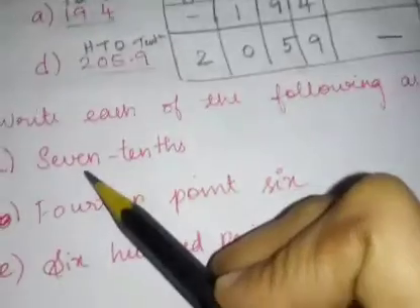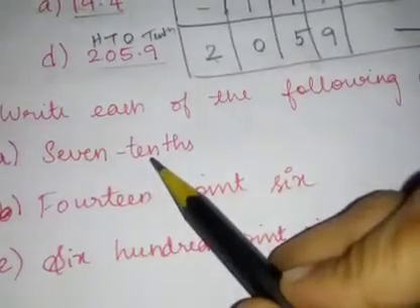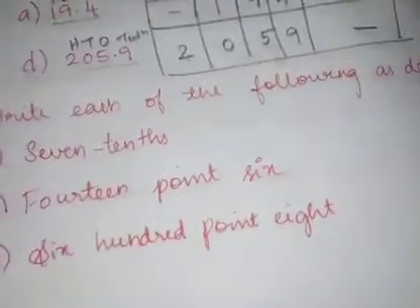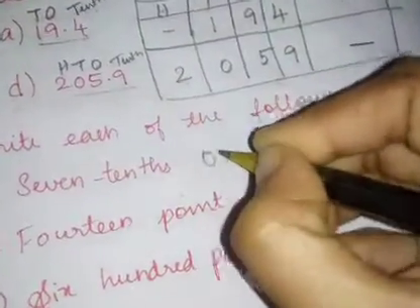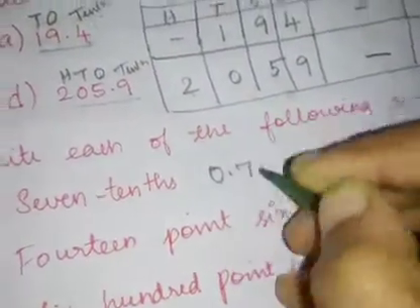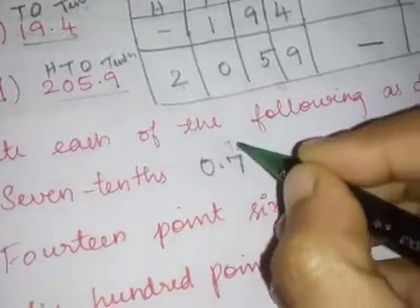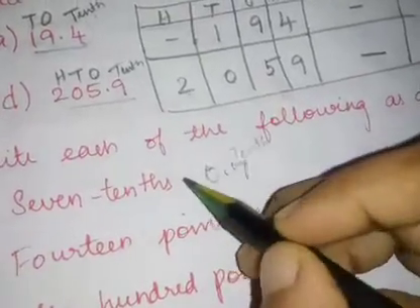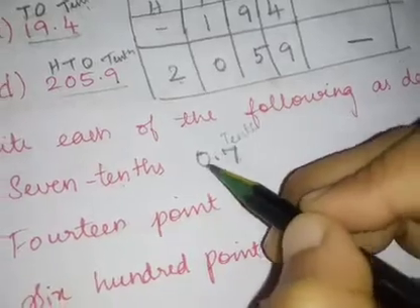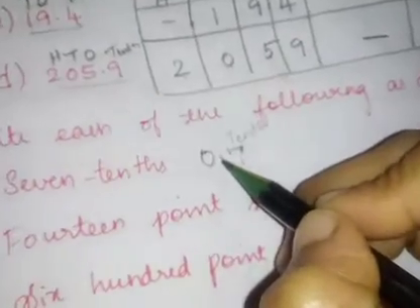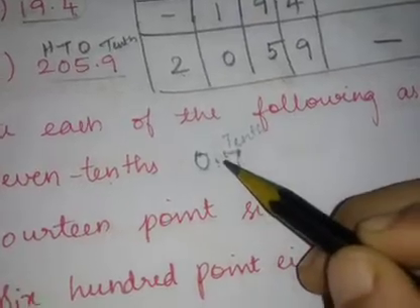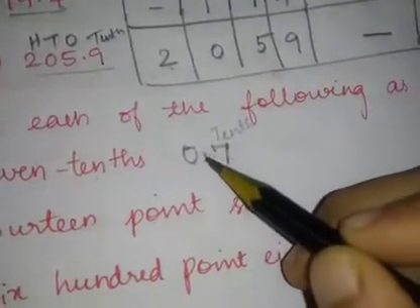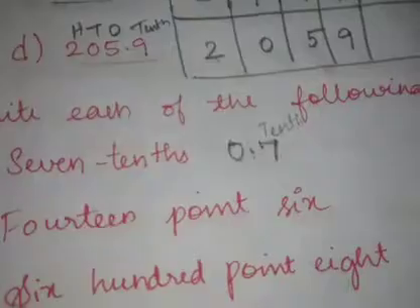Now we have to write the decimal for this number. 7 tenths. So 7 tenths means what? 0.7. Because it is in the tenth place. So here the decimal point will obviously come.